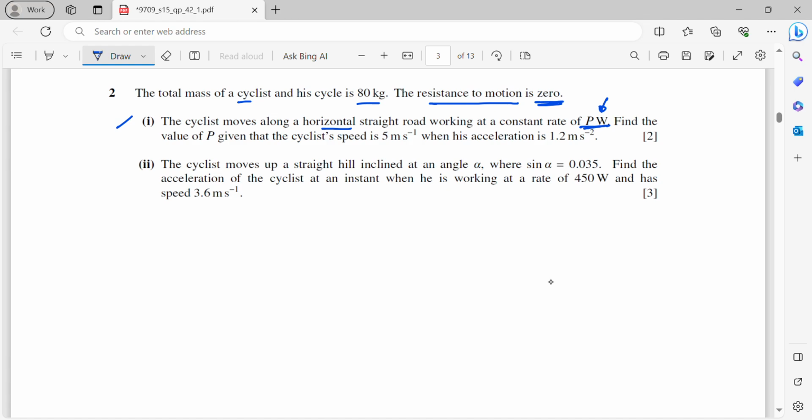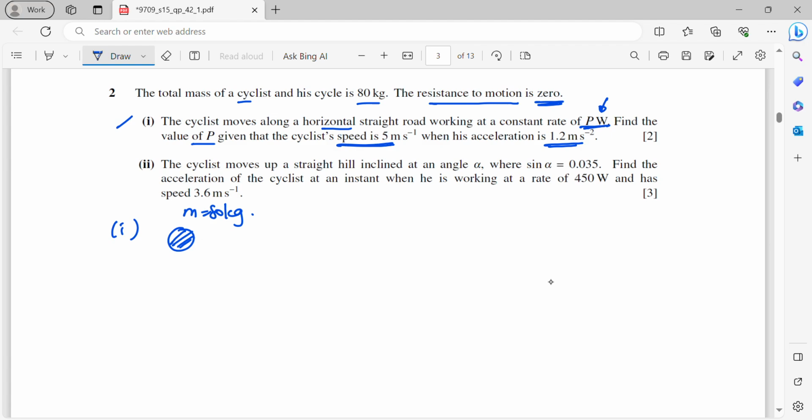Find the value of p given that the cyclist speed is 5 meter per second when his acceleration is 1.2 meter per second squared. This is the cyclist together with its cycle, so the m is 80 kilograms.